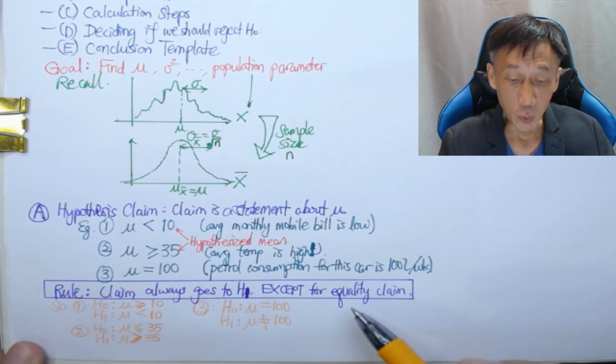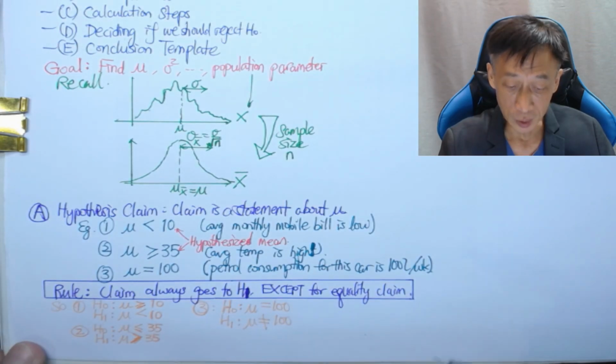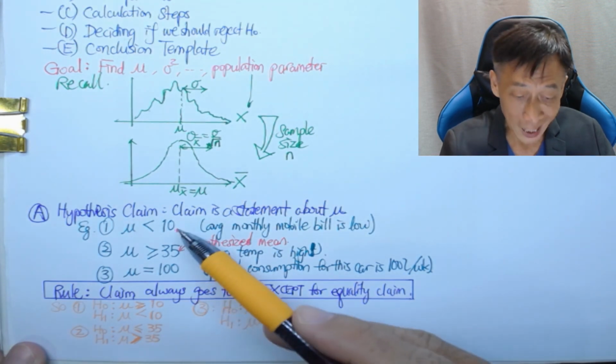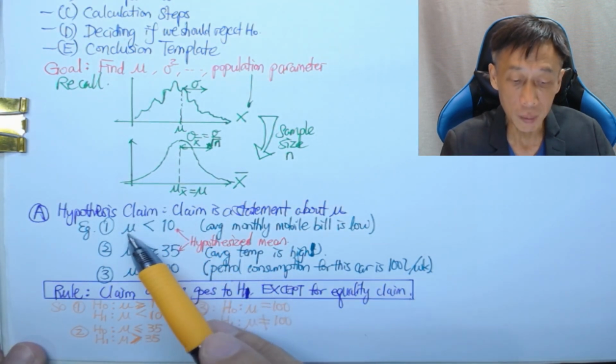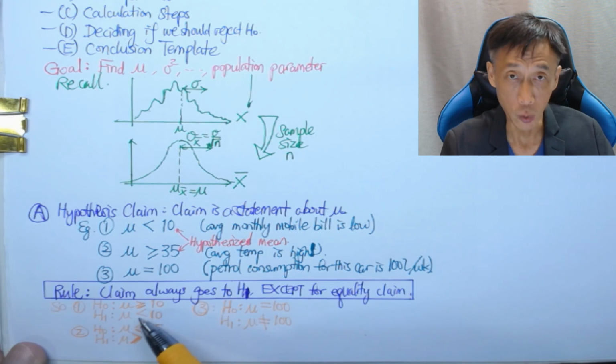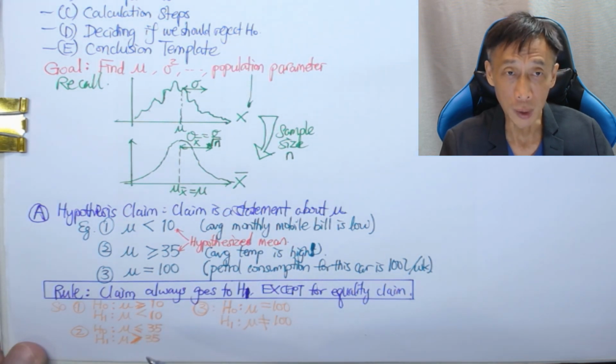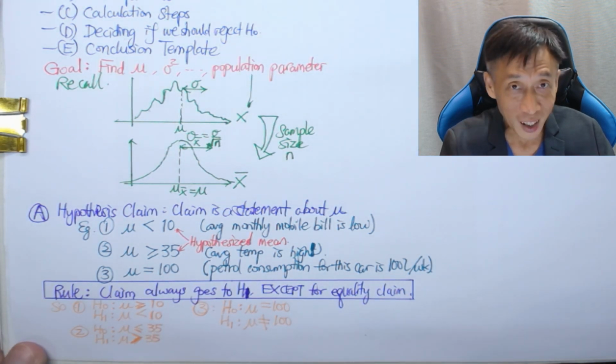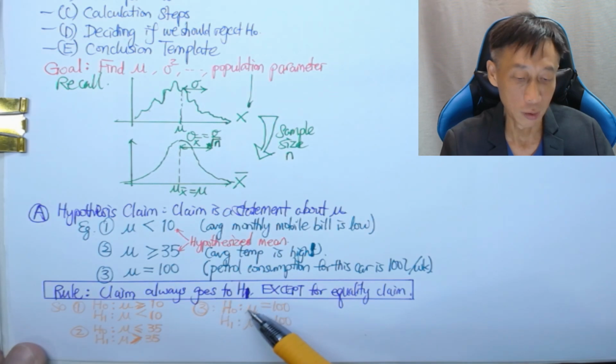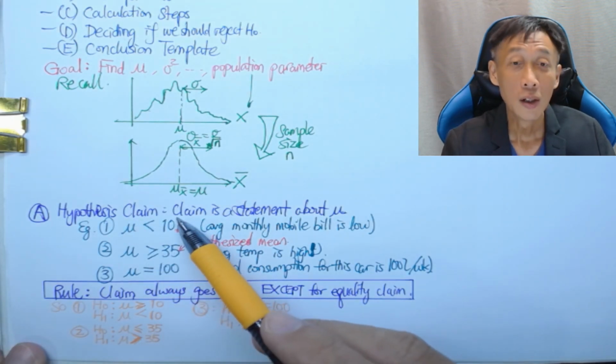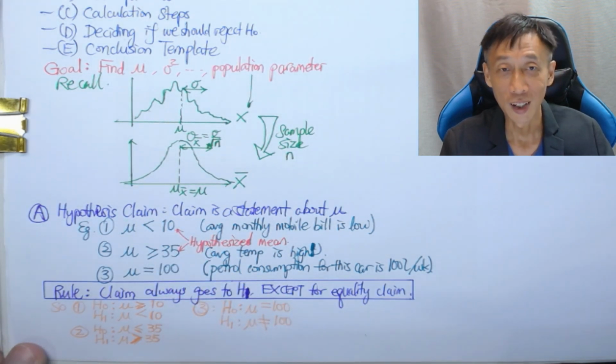So that's the way we determine how to place the claim statement in H0 and H1. And this is super important because if your thinking is that there are only two spots, either put the claim statement in H0 or H1, let me give you a new perspective.